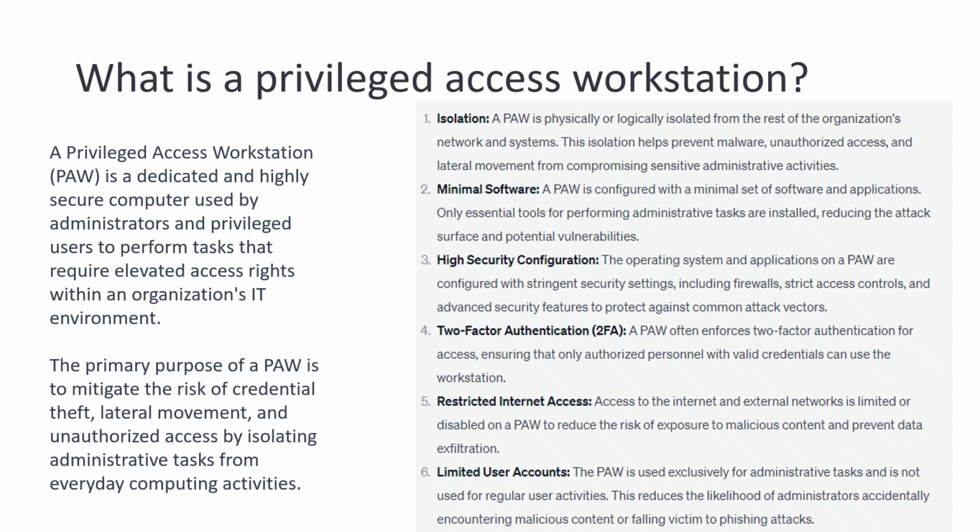So some of the characteristics of a PAW are 1. Isolation, 2. Minimal software, 3. High security configuration, 4. Two-factor authentication, 5. Restricted internet access, and limited user accounts, among others.